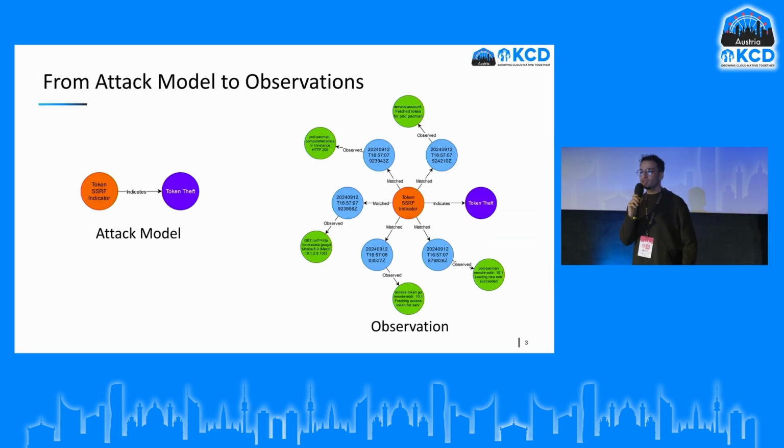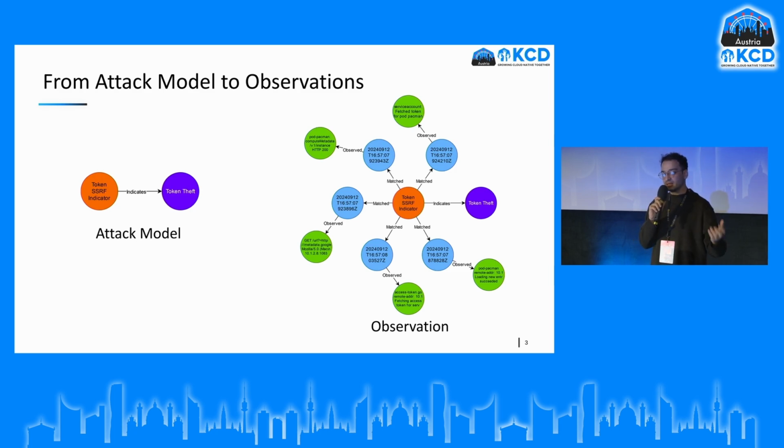Now, I have previously mentioned the threat intelligence stack and that it has attack detection capabilities. That works by using these attack models. On your left, you can see such a simple attack model, which consists of just one attack step called token theft.